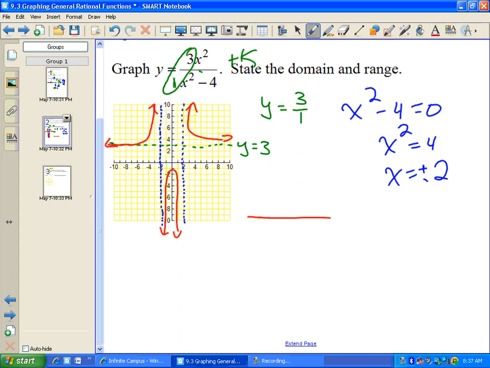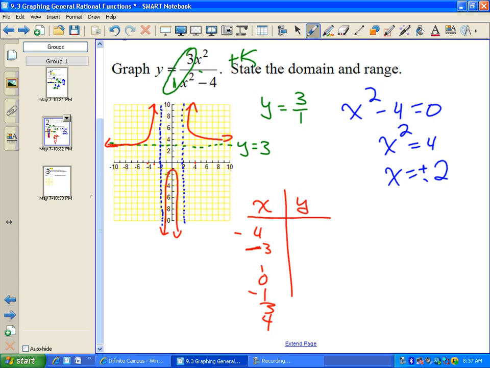Well, I would need to pick x's that are in the different regions. I could pick negative 4 and negative 5. I could pick 1, 0, and negative 1. I could pick 3 and 4. That should be 3 and negative 4 and negative 3. And I can plug these in, and I would be able to see where this graph is.